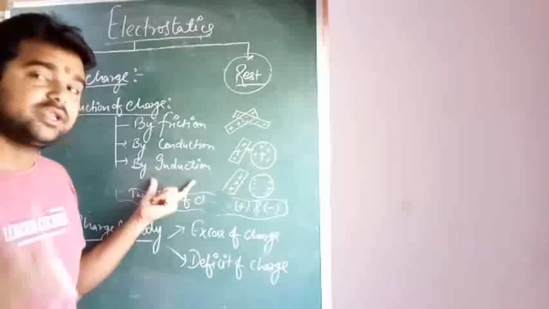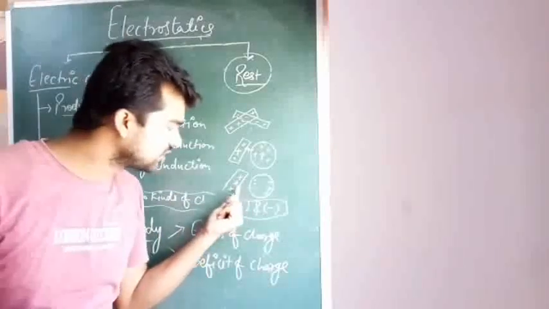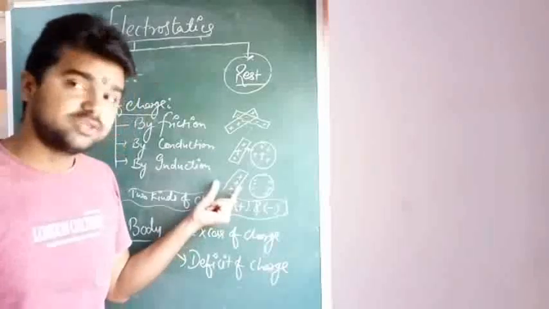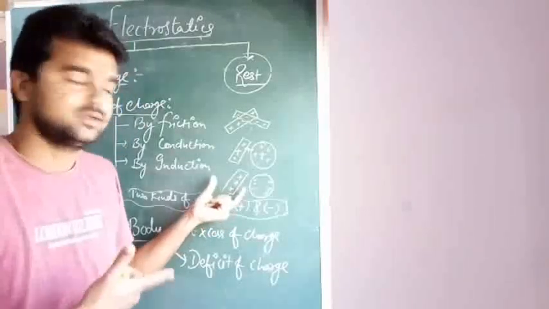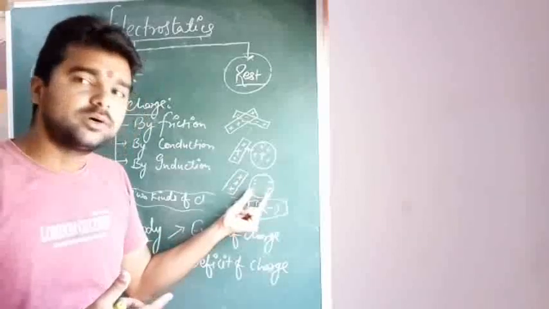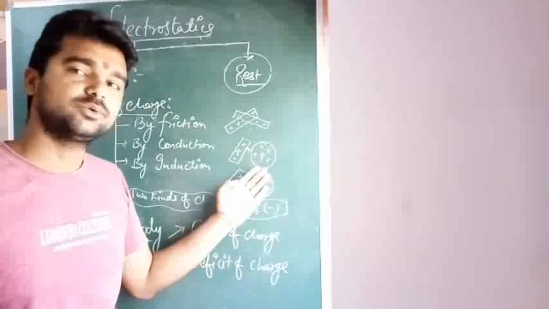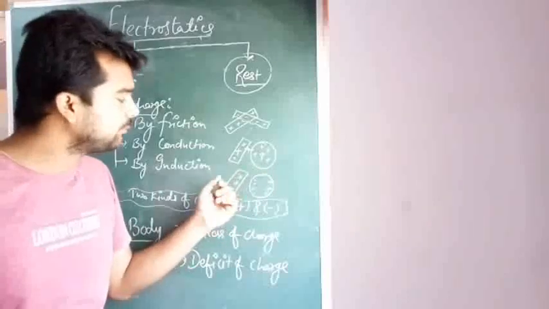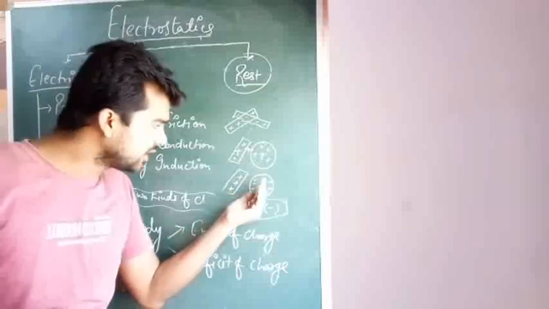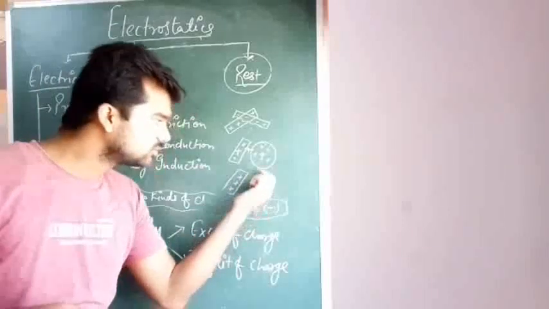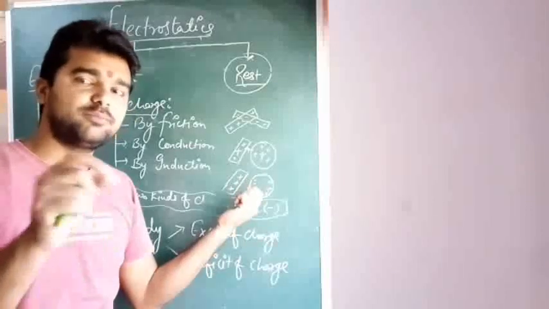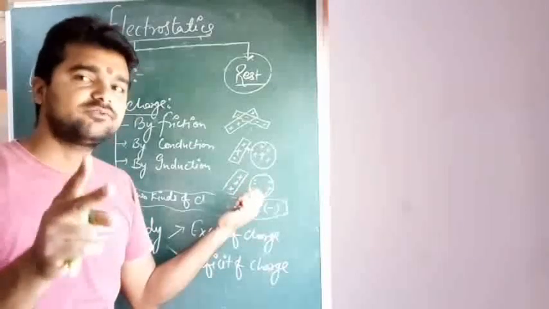By induction, we need to understand that there is no physical contact between the two bodies. Suppose one is a charged body, and this time it is positive. If you bring it near an uncharged body, the positive charge attracts the negative charge present on the uncharged body, as an uncharged body has both positive and negative charges.